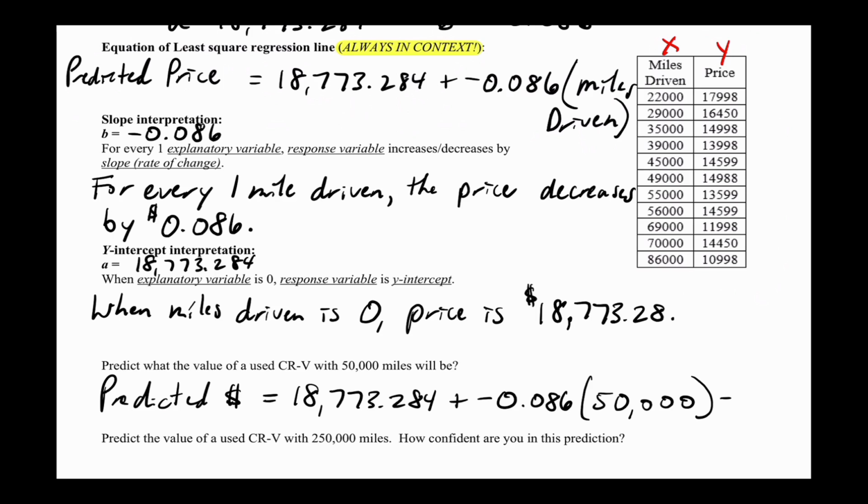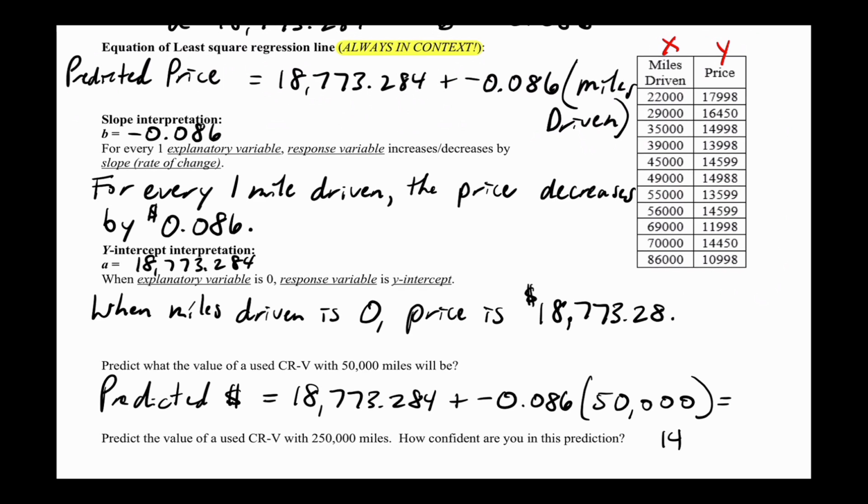What do you get? So you multiply, then add. When you do that, what do you get?